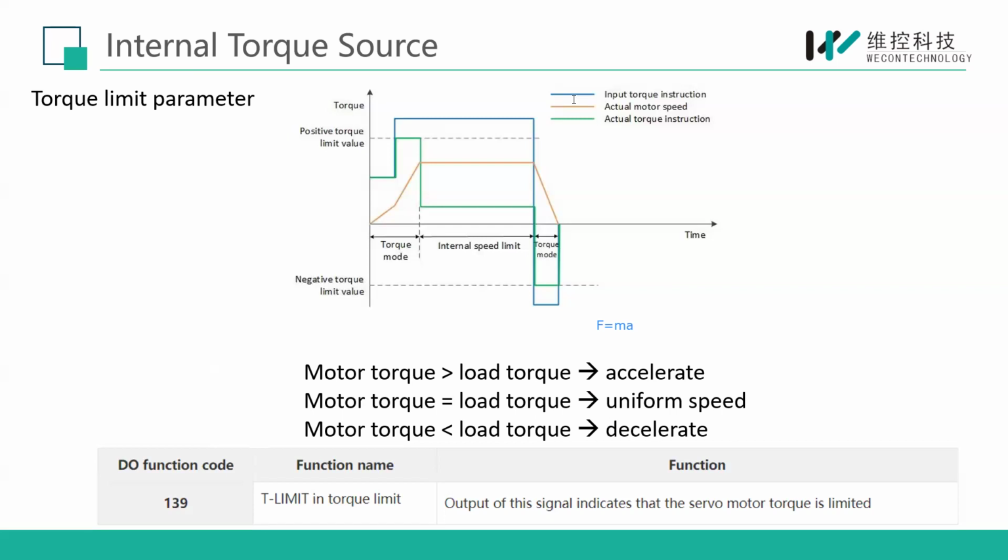Usually we set the torque within 100, because only within 100 can the motor continue to run all the time. If we set this too big, maybe 200 or 300, after running a while, the driver will report an error about overload.